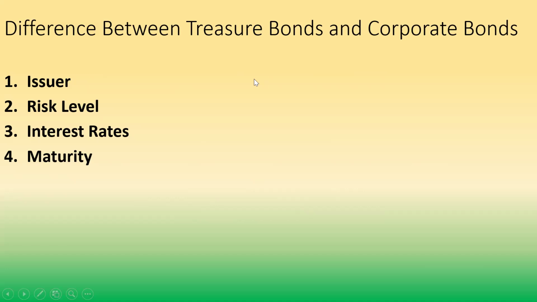And the next is liquidity. Liquidity means convertible into cash. The treasury bonds are highly liquid with a large and active secondary market because they are backed by the government. So it is very easy to convert them into cash.